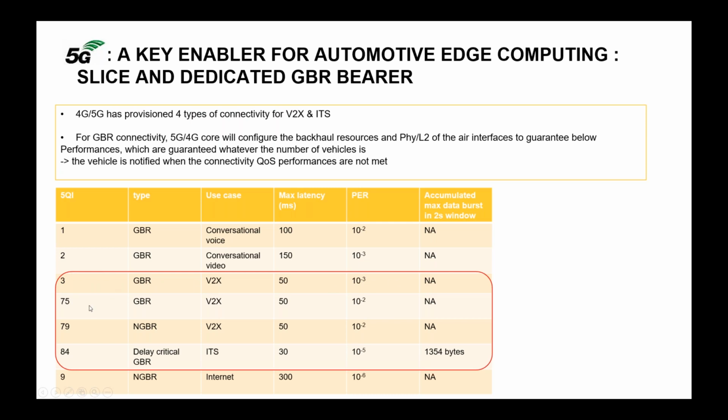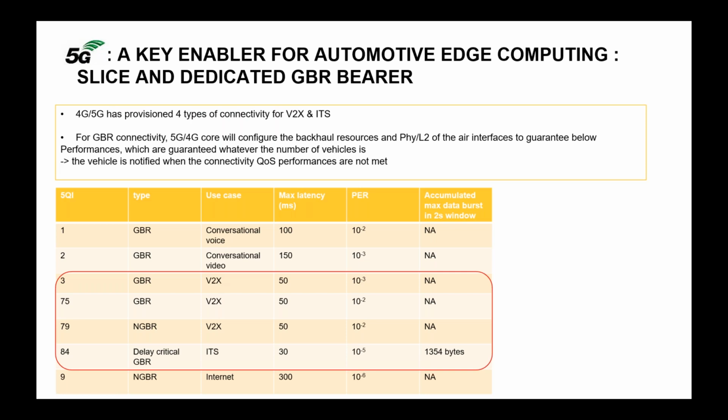Or your vehicle can request, for example, this type of bearer. Today, the signaling to negotiate this type of bearer exists on the API. Alternatively, this type of connectivity can also be requested by the edge server on the edge node. The signaling to notify the vehicle about the negotiated type of bearer between the core network and the edge exists.